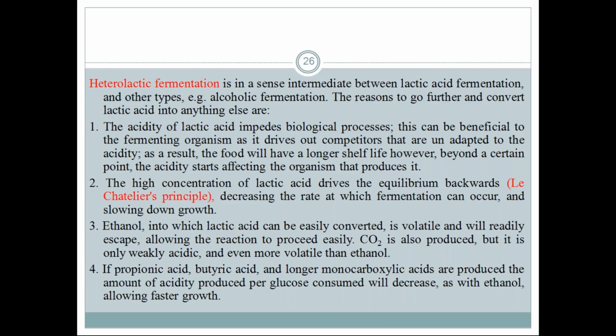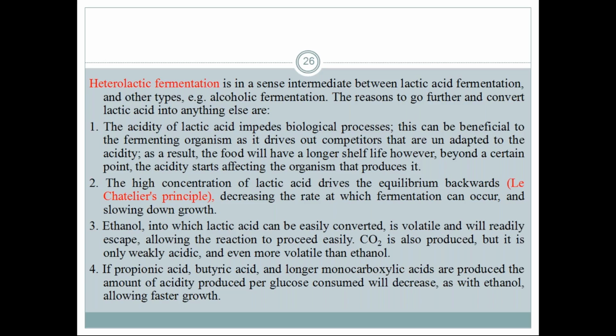This can be beneficial to the fermenting organism as it drives out competitors that are unadapted to acidity. As a result, the food will have a longer shelf life. However, beyond a point, the acidity starts affecting the organism that produces it. The high concentration of lactic acid drives the equilibrium backwards, known as Le Chatelier's principle, decreasing the rate at which fermentation can occur and slowing down growth.